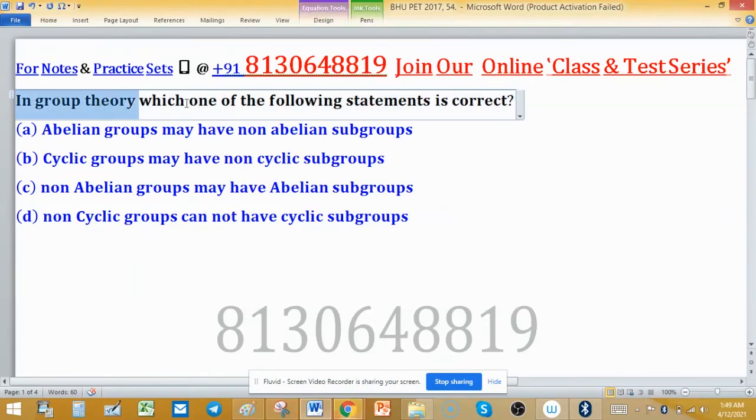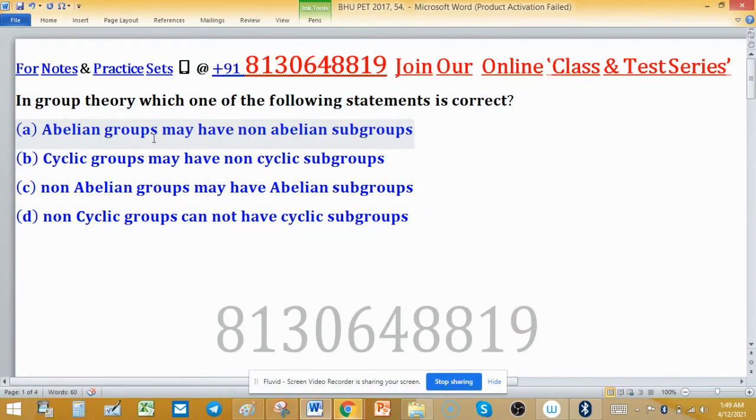In group theory, which one of the following statements is correct? Abelian groups may have non-abelian subgroups. If it is an abelian group, then the group and subgroup have the same binary operation, and the elements coming from an abelian group satisfy the commutative property.